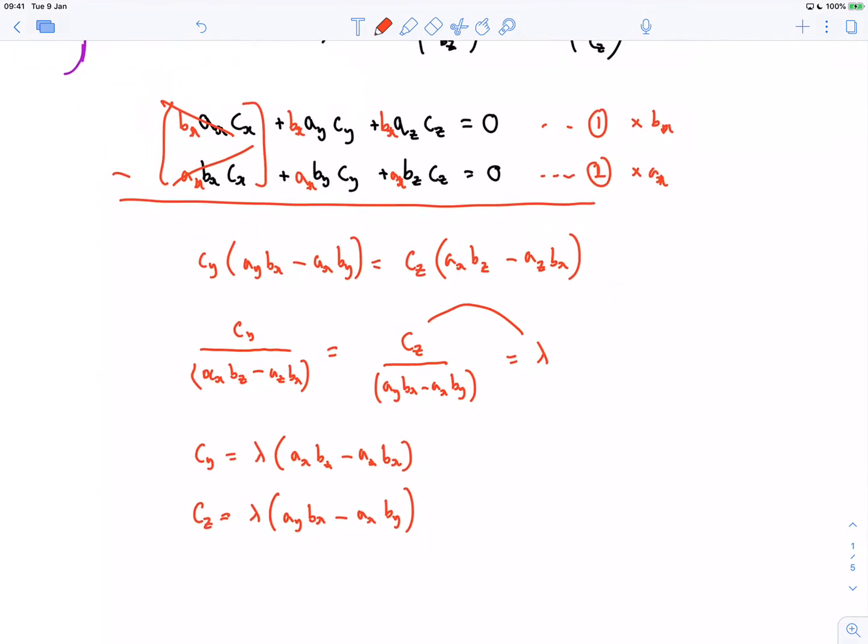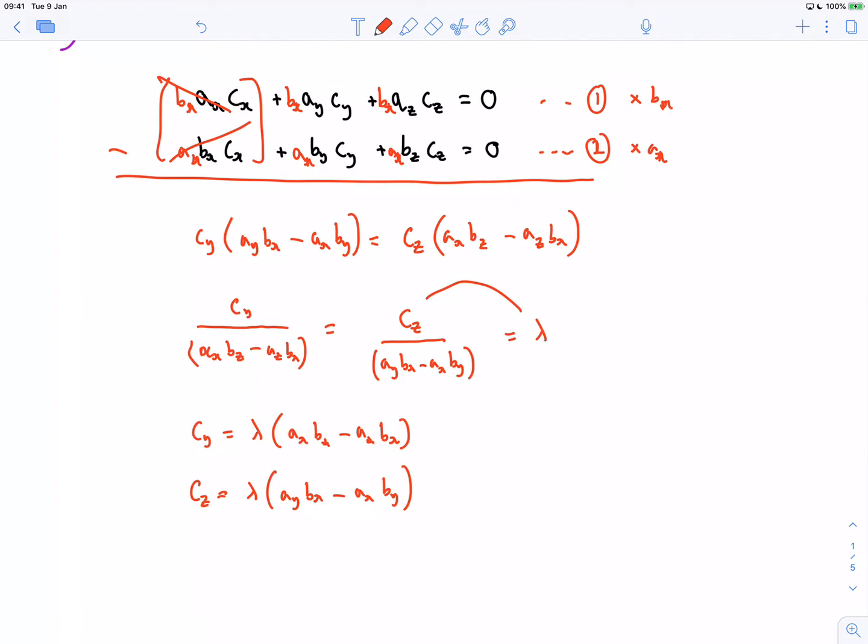Okay, now what I can do, big reveal, is now I can put these two things back into this equation, or either of them, and now I can get CX in terms of lambda and all the other A's and B's.